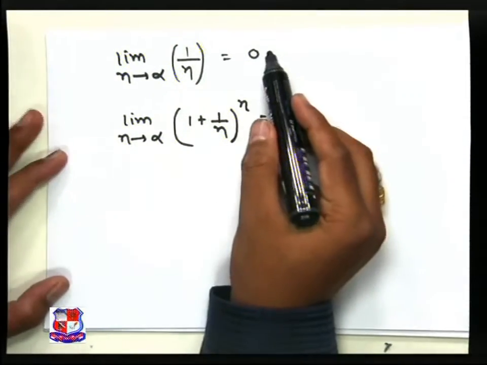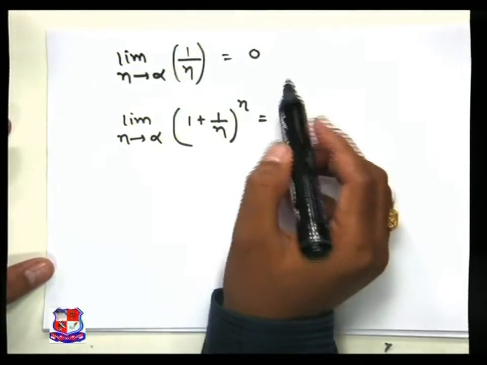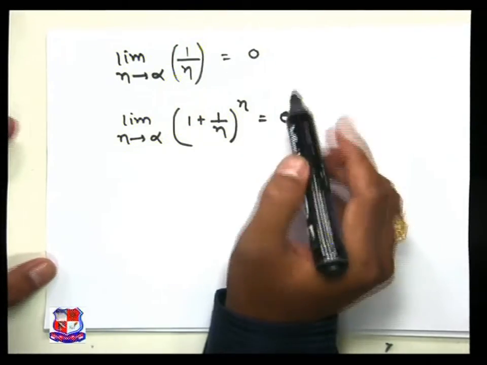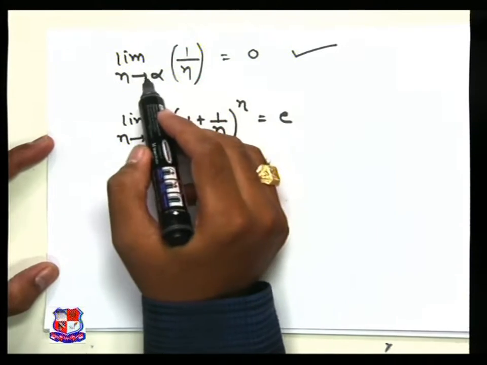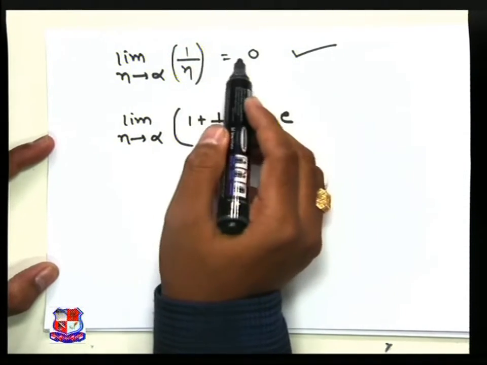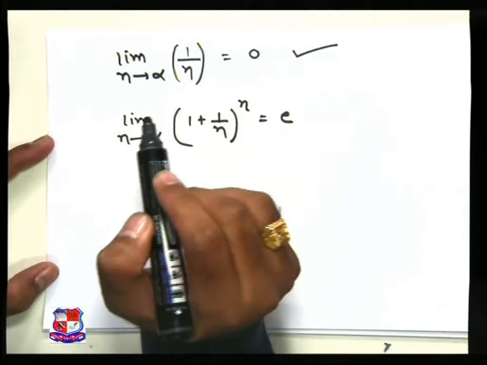So using these two base equations we solve our next problem. Our problem is based on this equation, limit n tends to infinity 1 upon n, and then we put the result 0.